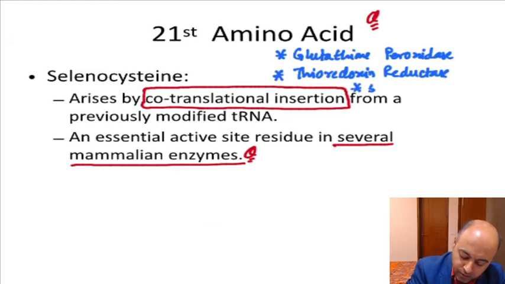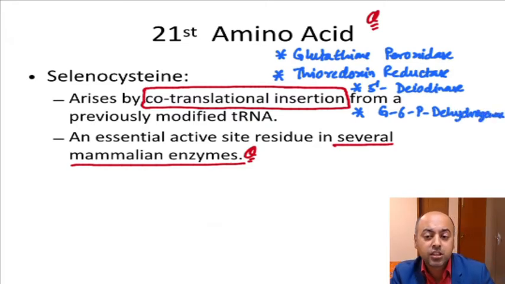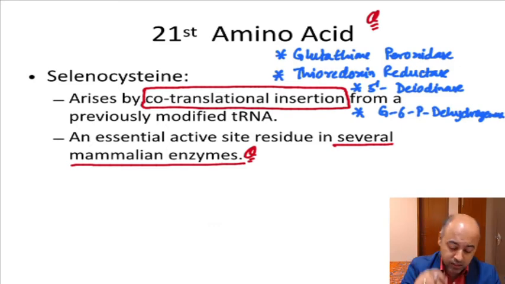Third, deiodinase. Fourth important name is glucose 6 phosphate dehydrogenase, commonly known as G6PD. In addition to this, a lot of enzymes involved in selenocysteine synthesis, such as selenocysteine synthase, also contain selenocysteine. So if you remember these common names, then most of your work is done.